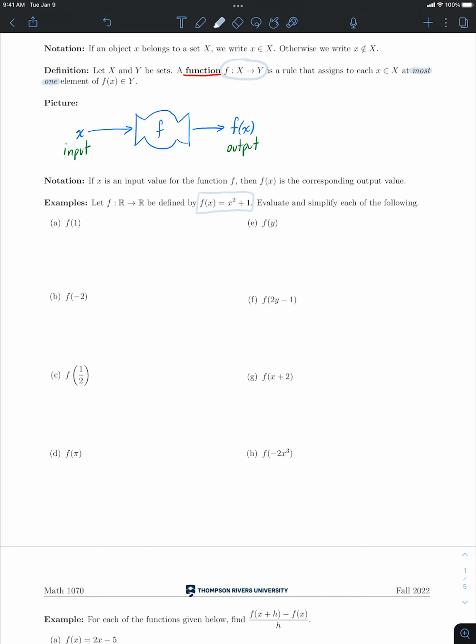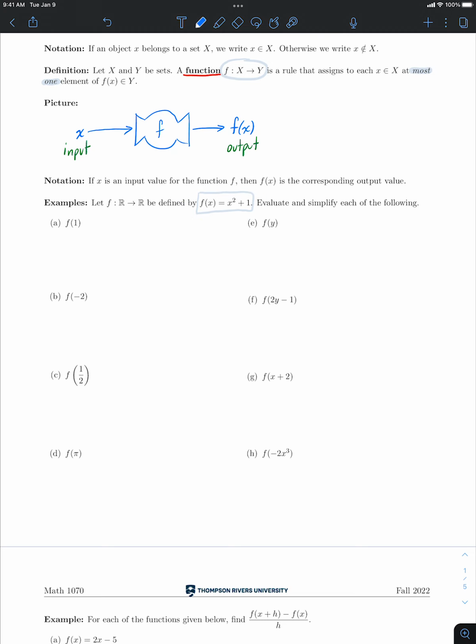If you read this carefully, you're saying f is the function that takes some input value, let's call it x, and gives you back the following. You take that input value x, you square it, and then you add 1, right? And then whatever the result is, that's what gets sent back as an output value. That's how you should interpret this rule.